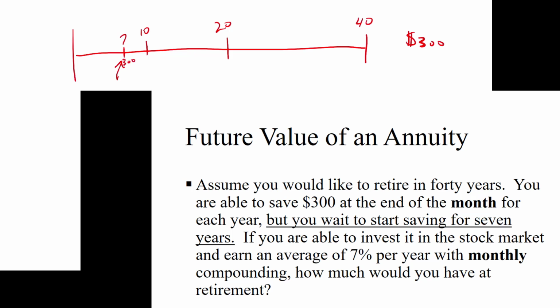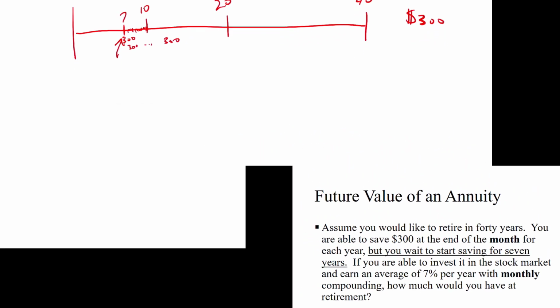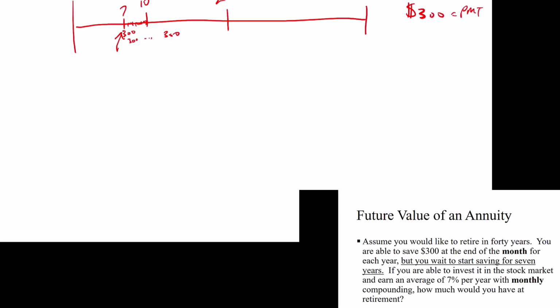We're still going to earn our 7% in the stock market per year with monthly compounding, and we want to know how much we're going to have at retirement. So the first challenge to this problem is to notice that we're going to wait 7 years before we start saving. It also reduces the amount of time that our first investments have to earn interest.